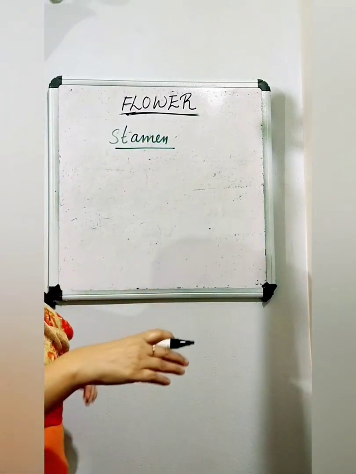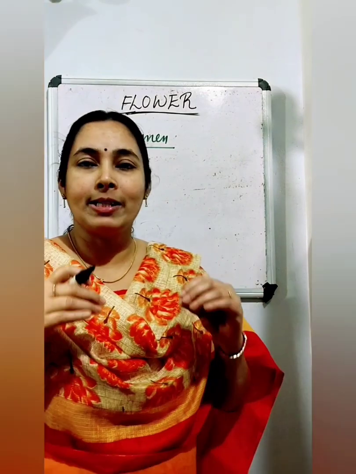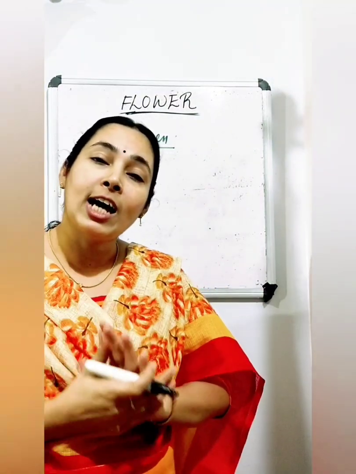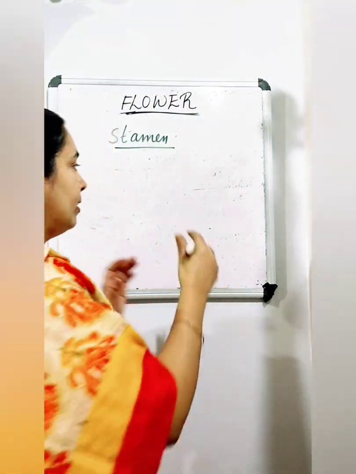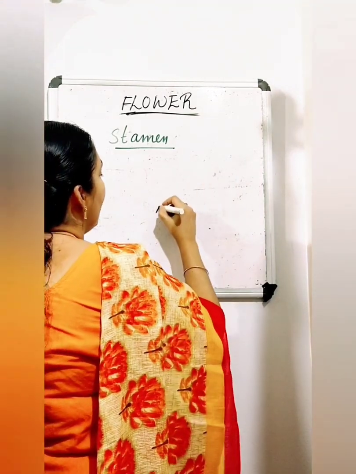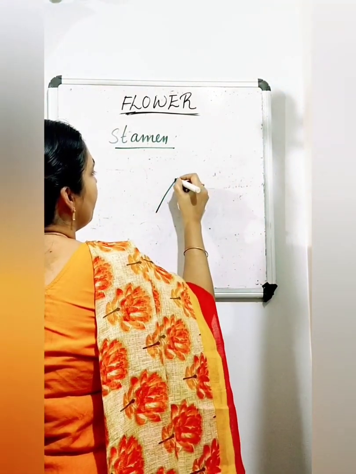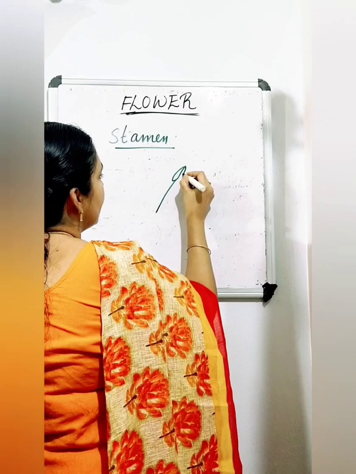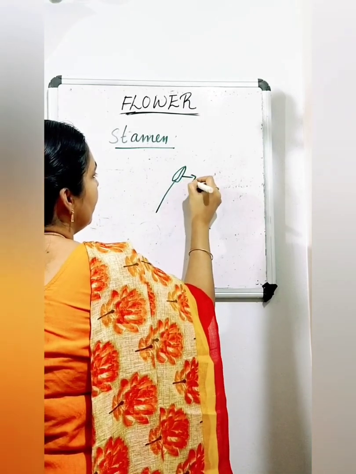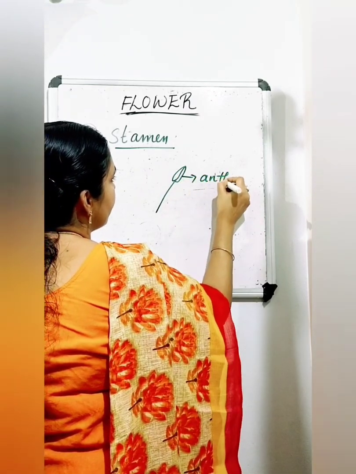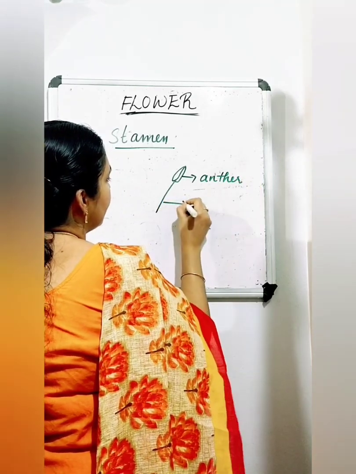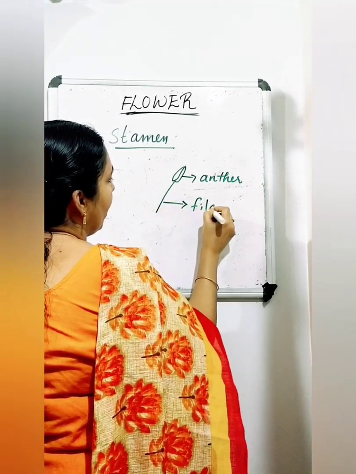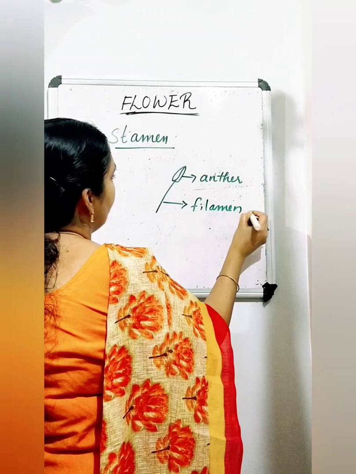We can see that there are many stamens in a flower. Which are the two parts of a stamen? Filament and anther. There is a stalk-like part called the filament, and at the tip you can see one anther. So this is the anther, and this stalk-like part is the filament.